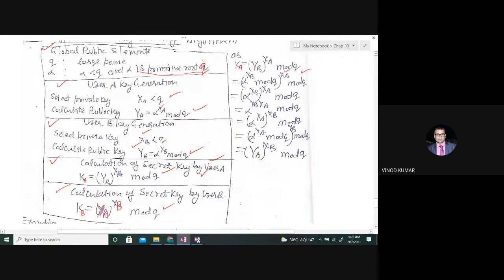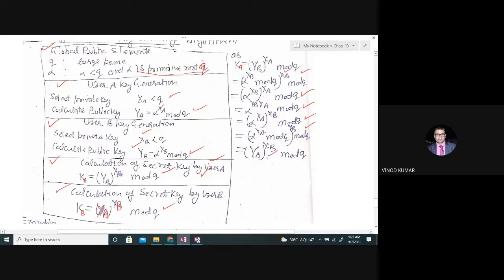This may be written as alpha to the power x_b x_a mod q. This may be written as alpha to the power x_a, the whole power x_b mod q. Or alpha to the power x_a mod q, to the power x_b mod q.